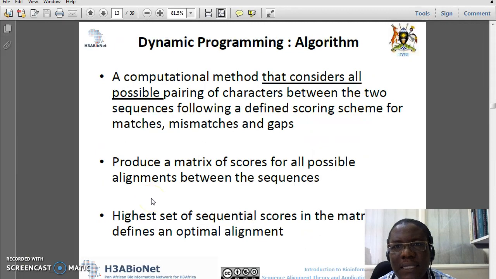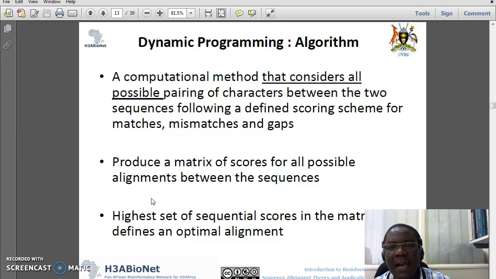So how does it go about the business? Well, the approach is computational, and it considers all the possible pairings of characters between your two sequences. Remember I said it doesn't do that all at once. It breaks it down into sub-problems, and then it scores or finds the optimal ones among those sub-problems, and then it strings them back together so that you get the entire optimal solution between your sequences.